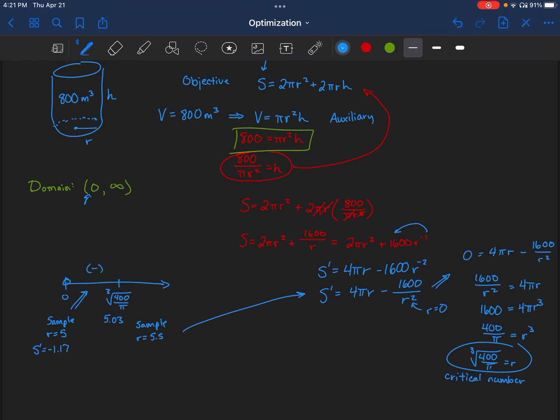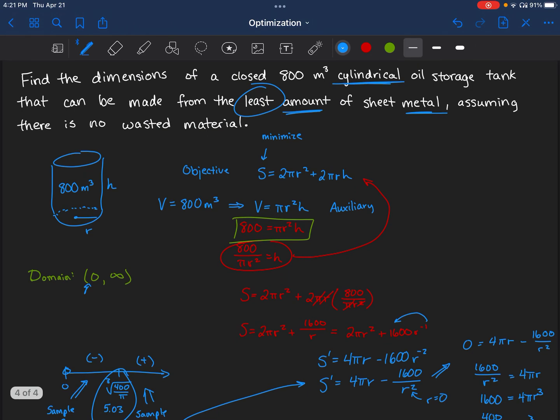Then if I plug in 5.5, I got a derivative value of 16.22. So that makes this positive, which means according to the first derivative test, this critical number should be a local minimum, which is exactly what I wanted it to be.